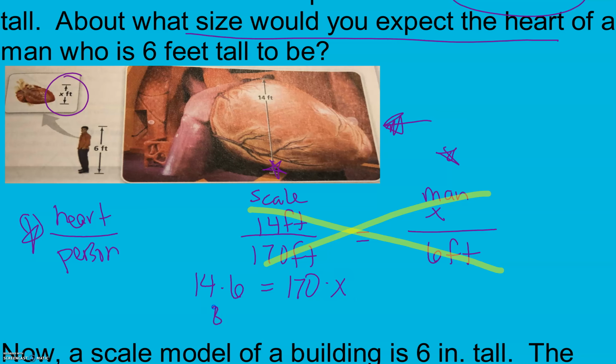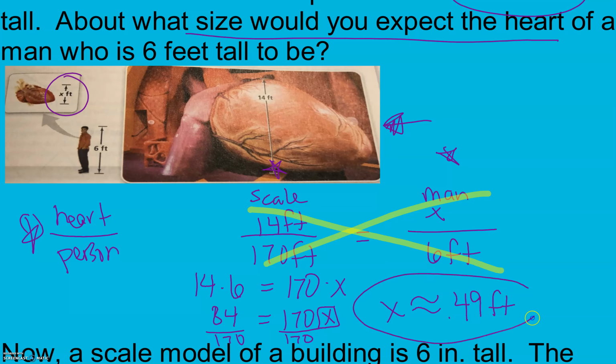Gives me 84 equal to 170x. X is being multiplied. I can go ahead and divide to get it by itself. And I get x is approximately 0.49 feet, which is about 6 inches, about half a foot, which seems reasonable.